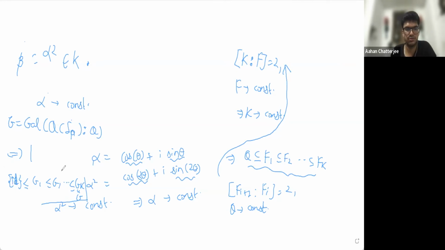So does everybody see the correspondence between these two things? [G(i+1):Gi] equals 2.